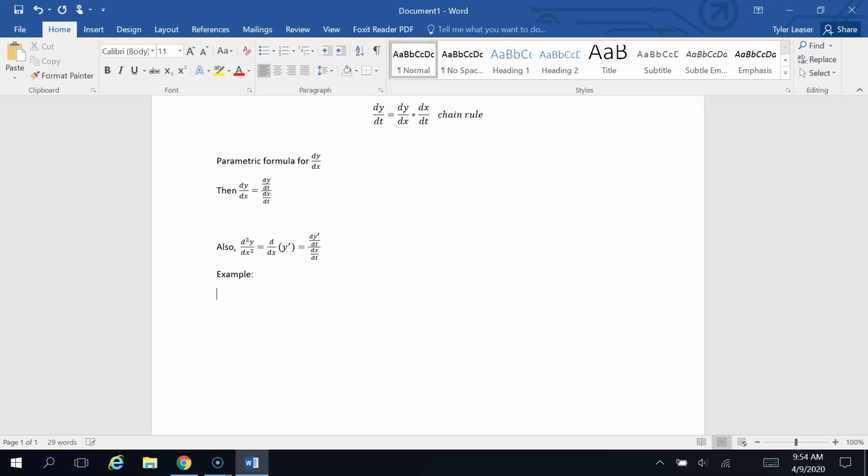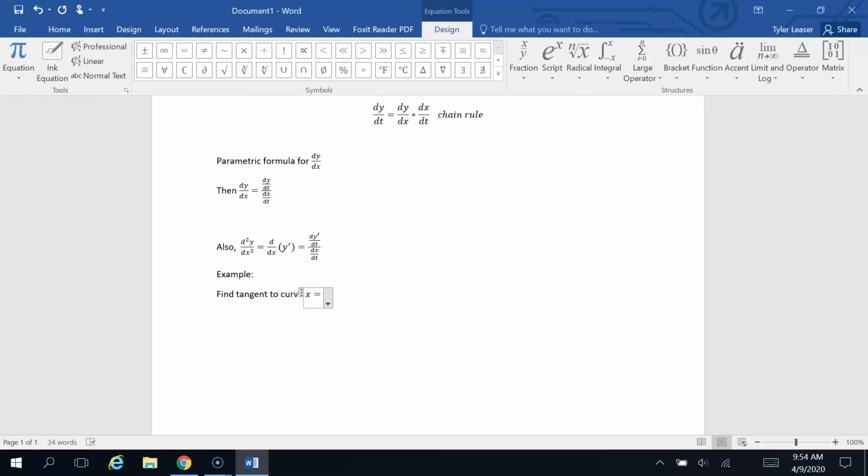So let's look at an example. Let's say we want to find the tangent to the curve x equals secant of t, y equals tangent of t, and this is going to range from negative pi over 2 less than t less than pi over 2.